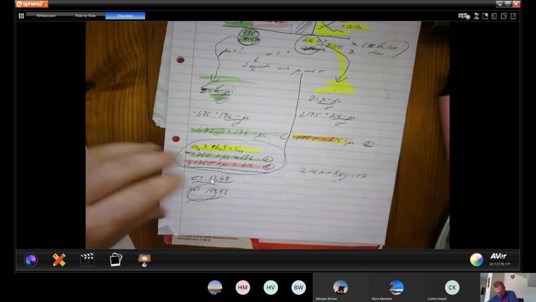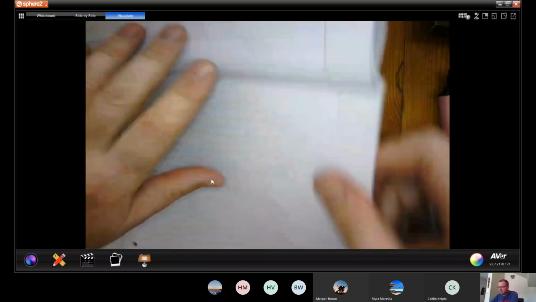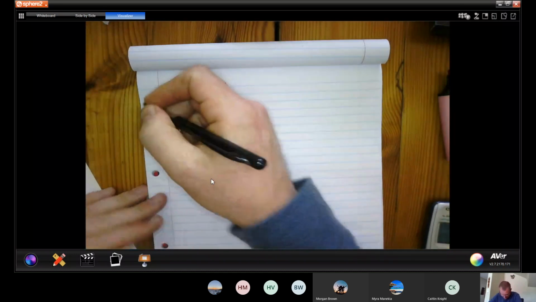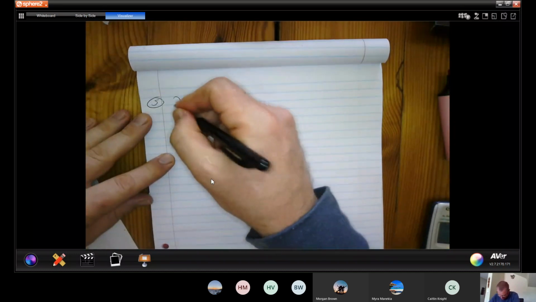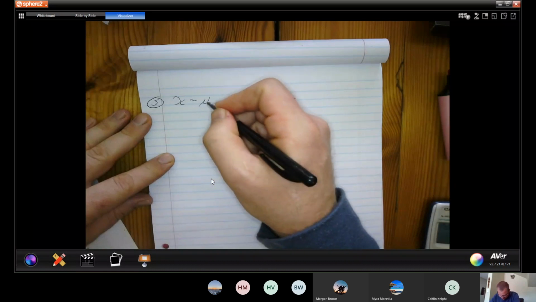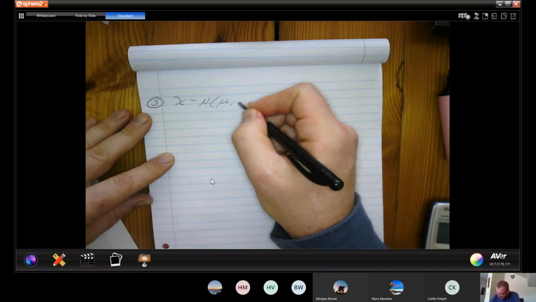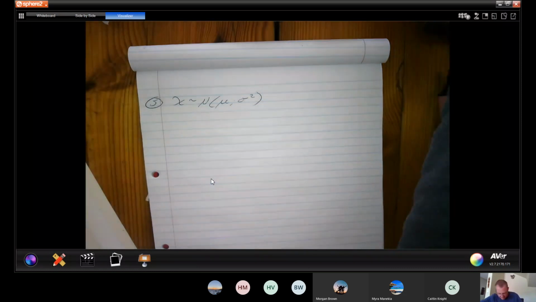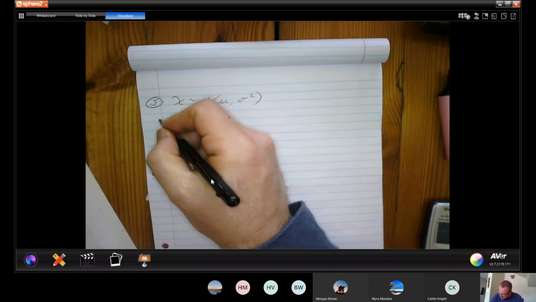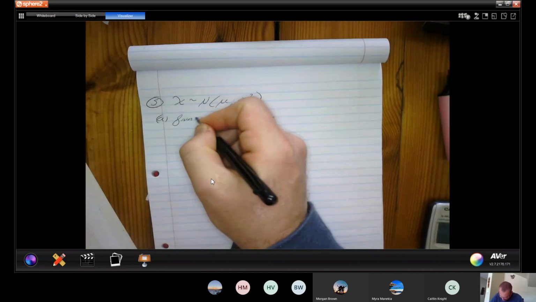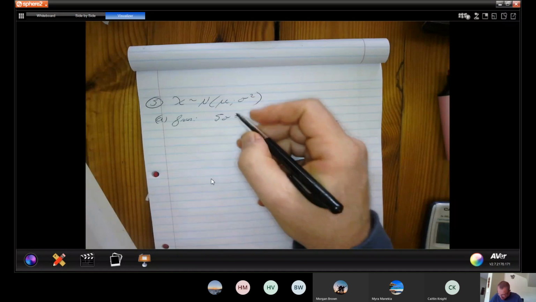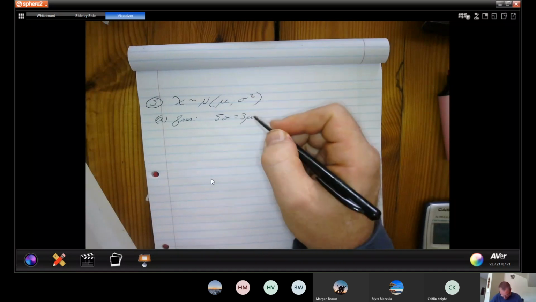Right, so in question 5, it says, suppose that x is normally distributed with mu and sigma squared, and then it says, given 5 sigma is equal to 3 times the mean.